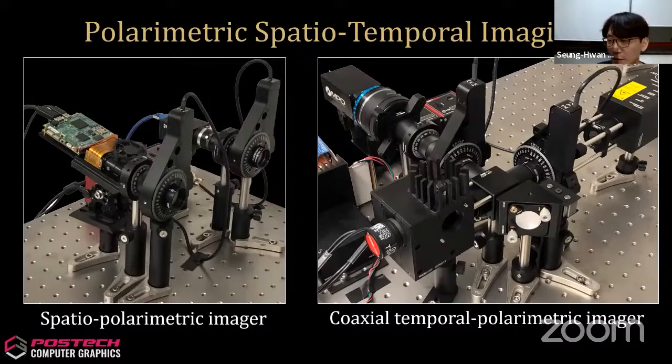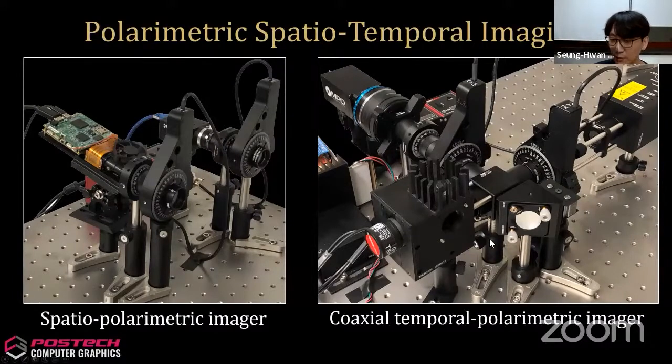And capturing this 7-dimensional light transport was too difficult with the existing devices. So what we had to do is to capture partial information of these 7-dimensional light transports with 2 different imaging systems, which are both novel by themselves. On the left side, we have the spatio-temporal imager that captures the spatial light transport on top of the polarization light transport.